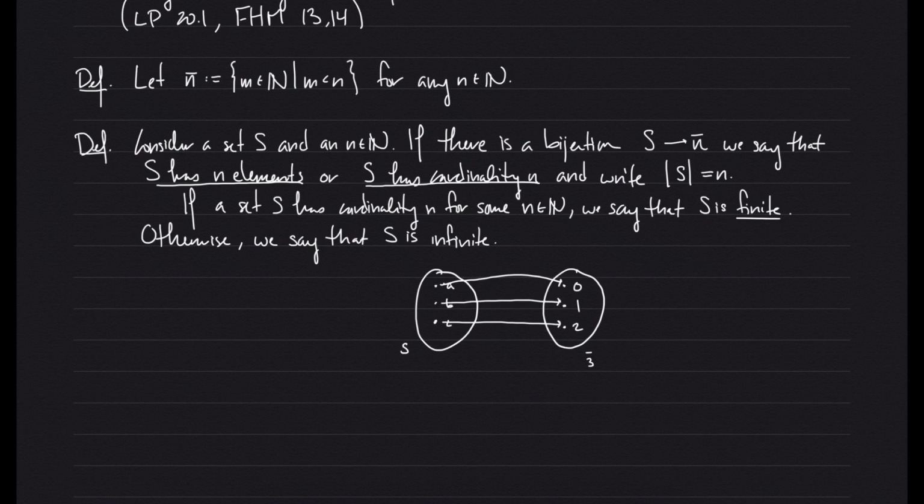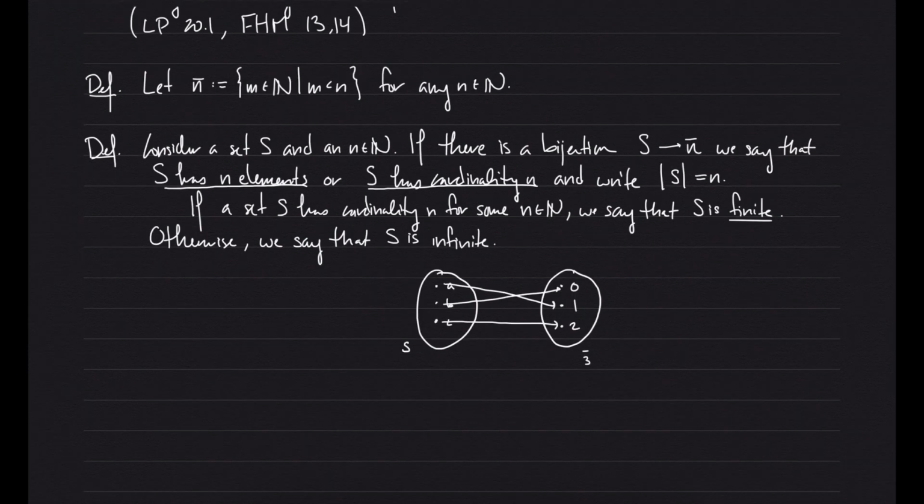Let me just point out that there are a whole bunch of bijections. This is one I've drawn here, but of course there's this one, and there are many more. Even though there are many bijections, when we talk about cardinality, we don't care about all the different ones. If you want to say that S has cardinality 3, then you just have to exhibit 1, and that's good enough.